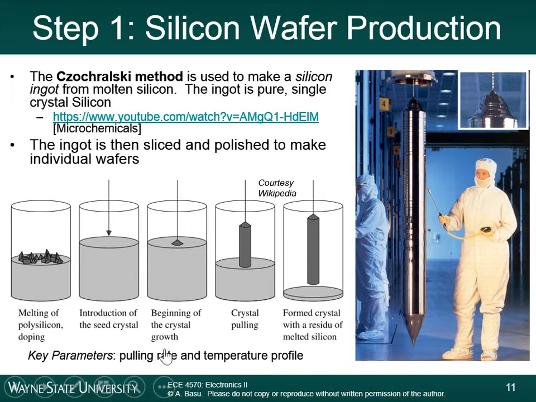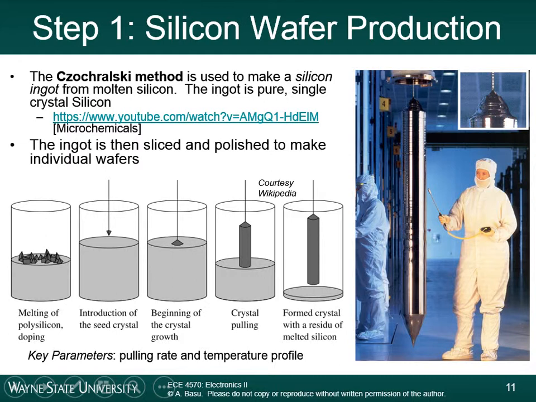This seed crystal is dipped into the melt of polysilicon, and it's rotated very gradually. The rate at which it's turned is very well controlled. The temperature of the chamber is also very well controlled, and you basically pull out this seed crystal. As you're pulling it out, the silicon atoms deposit on the side of the seed crystal, also depositing in crystalline form.